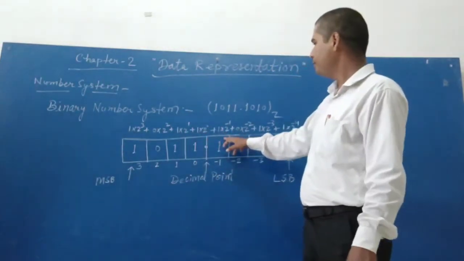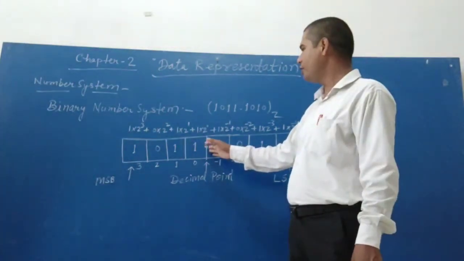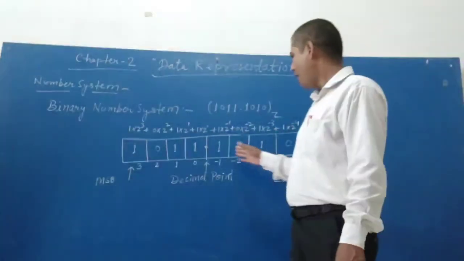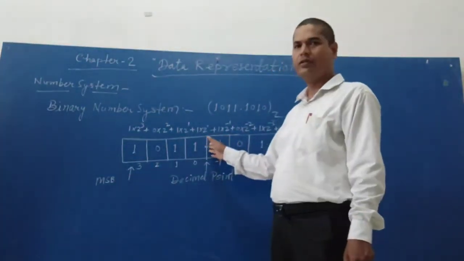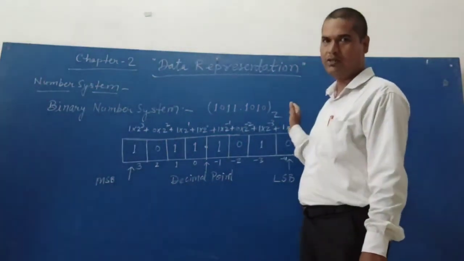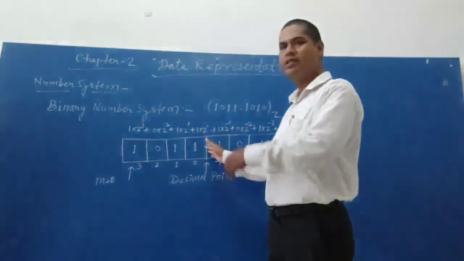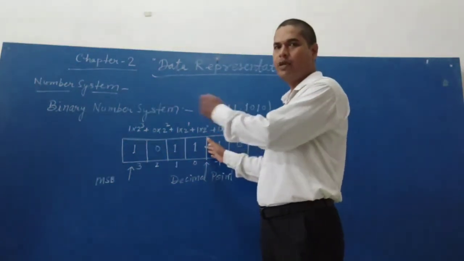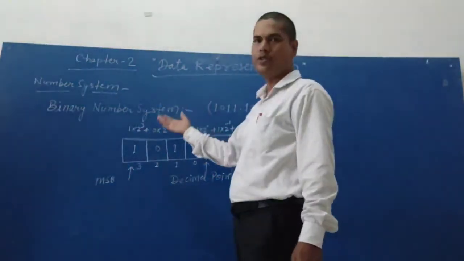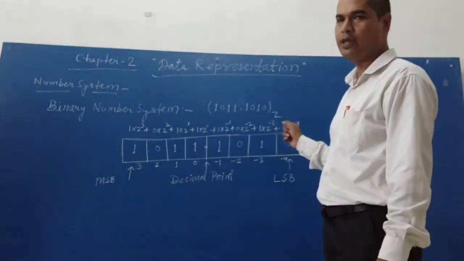In the same way, this is the decimal point, and after the decimal point we use negative signs for the right-side digits, and on the left side we use positive powers.